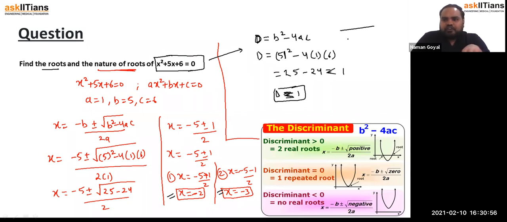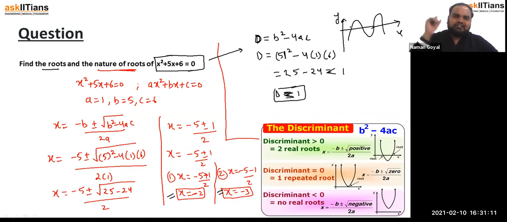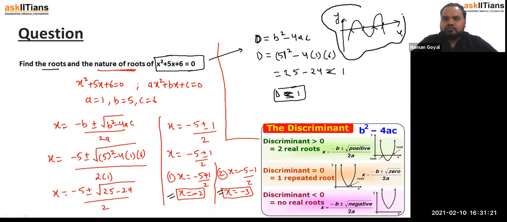If the graph of any polynomial is given, this is the y-axis and this is the x-axis. If the question is asking how many roots are there, then how do we interpret that? The number of times the graph cuts the x-axis is the number of roots of that equation. So 1, 2, 3, 4. So for this graph, 4 roots are there. Are you getting my point?